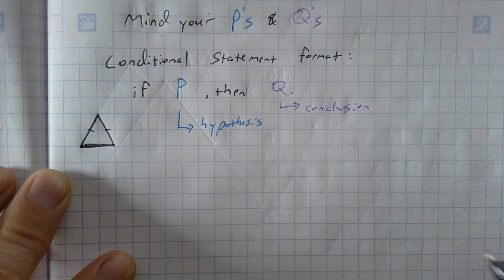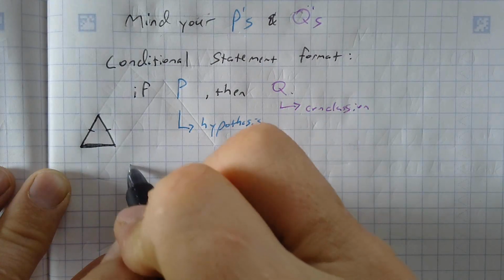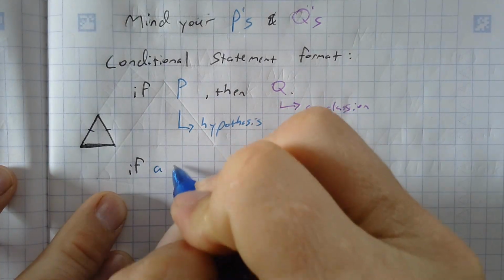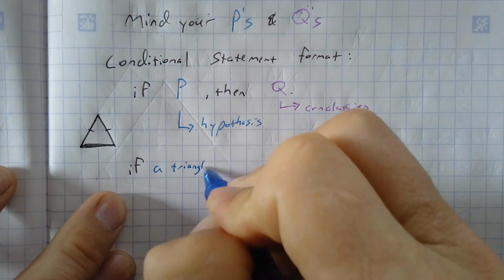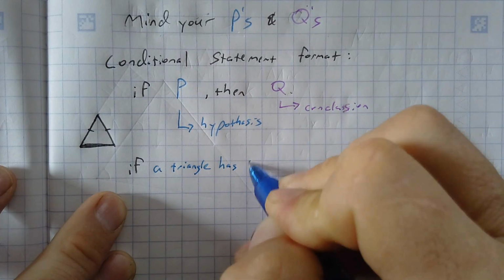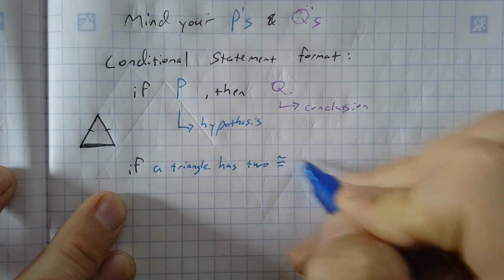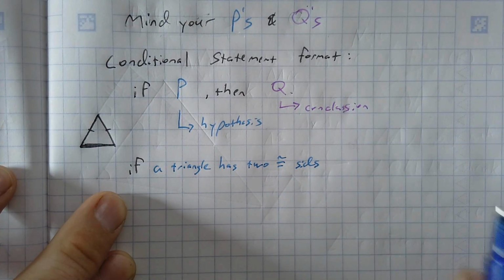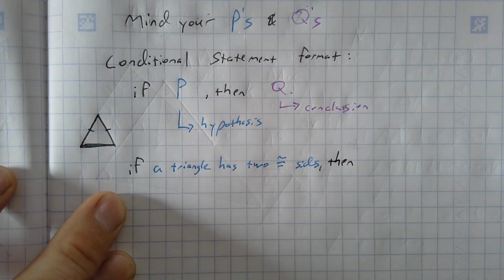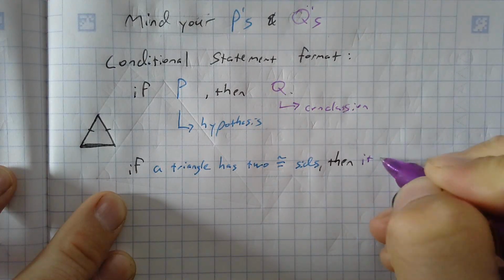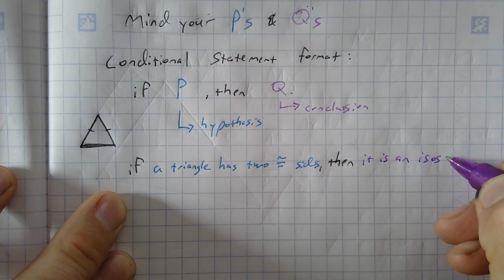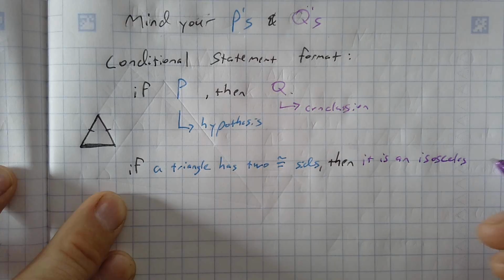Okay, so my statement would be, if my P part is a triangle has two congruent sides, comma, and then it is an isosceles triangle.